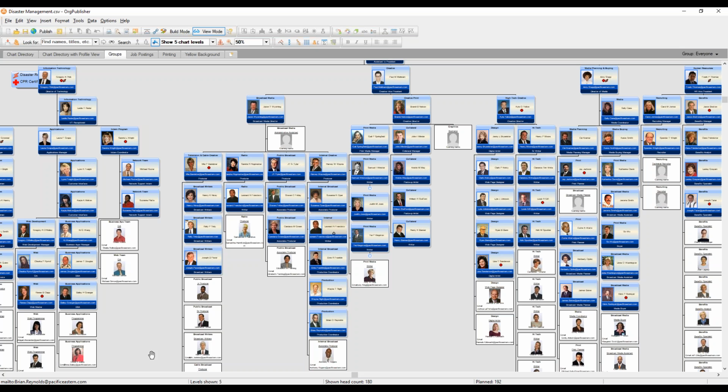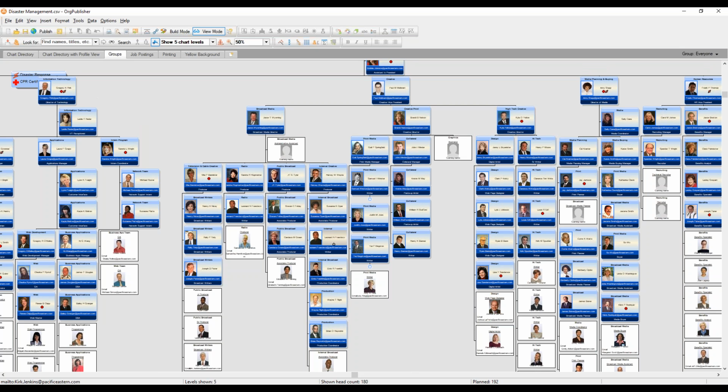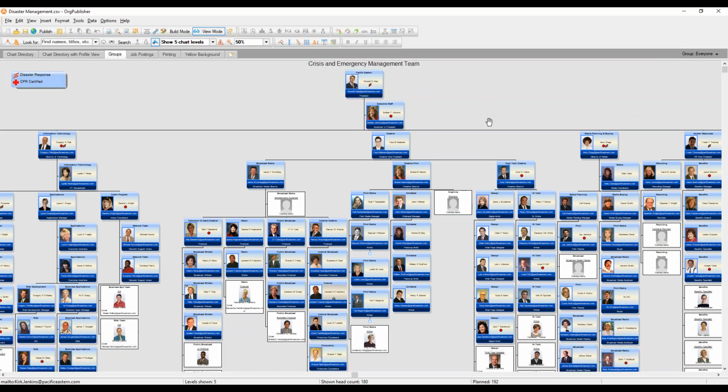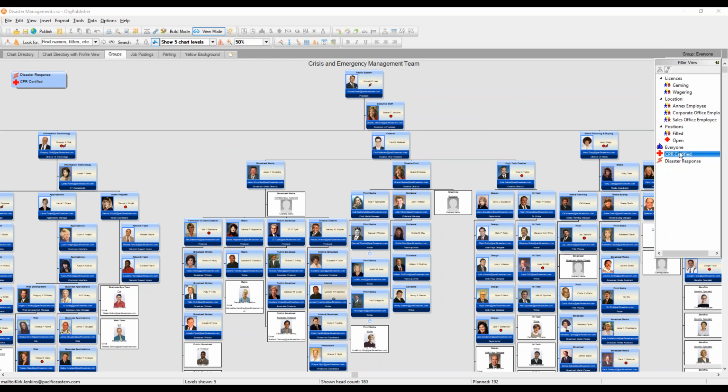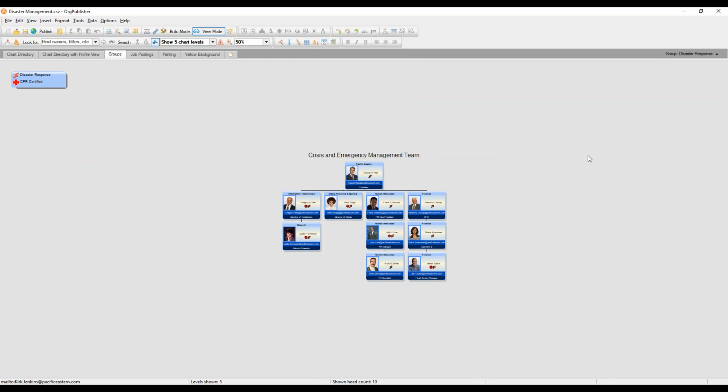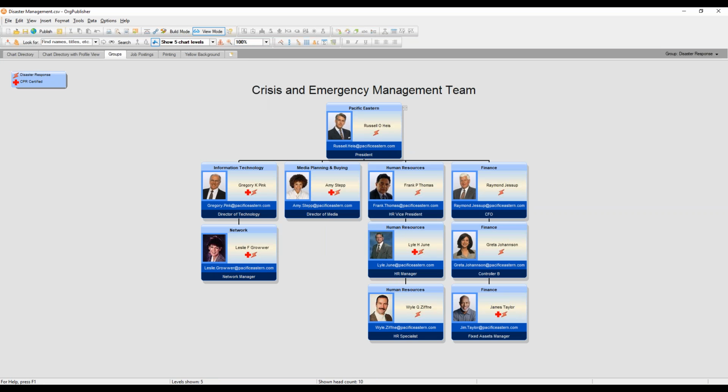All right. Well, again, fortunately, this organisation is prepared and protected because they've identified the crisis and emergency management team. And if we simply click on this group, which we've called the disaster response team, we can see immediately all the people who are in that team. These people are denoted by having this little lightning bolt icon in their box on the org chart.